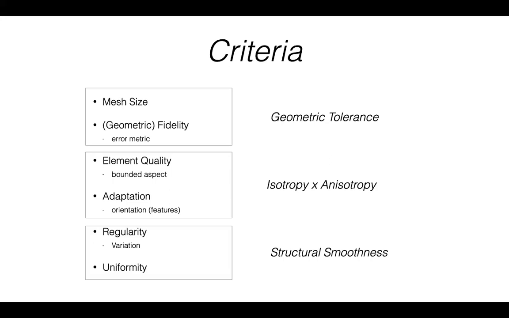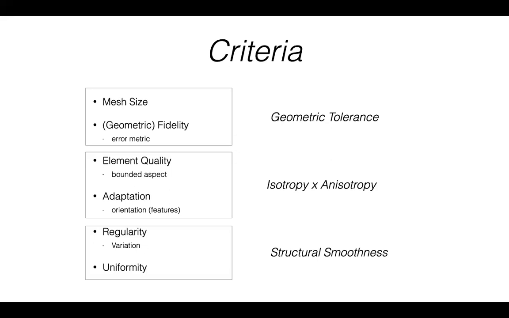And then the structural smoothness. I'm going to describe how the mesh varies these characteristics over the surface. The regularity and uniformity.